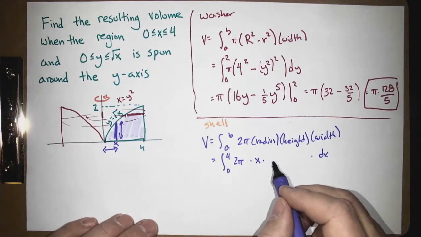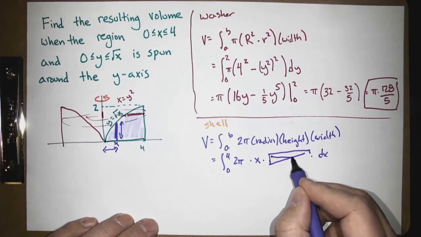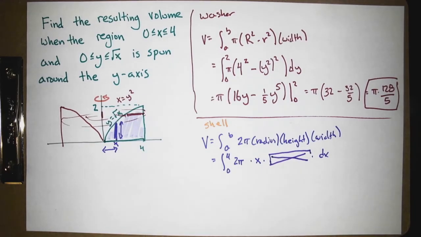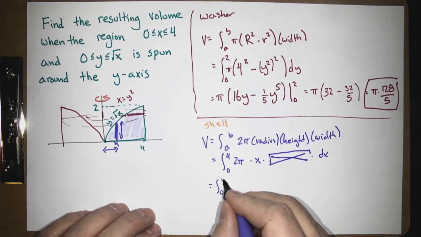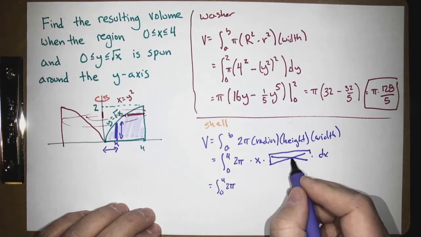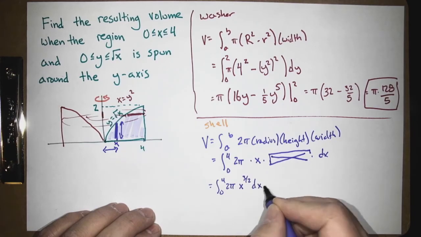Square root of x. Now, of course, we can simplify this: 0 to 4, 2 pi, x times square root of x, which is x to the 3/2.